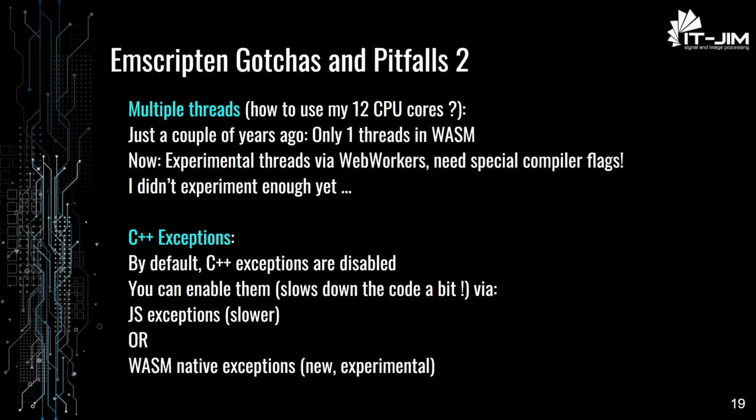But originally, it was only one thread in WASM. C++ exceptions are disabled by default, which is not nice if your C++ code uses exceptions. You can enable them, which slows down the code a bit, via JavaScript exceptions or the very recent and experimental WASM native exceptions. Next slide, please.